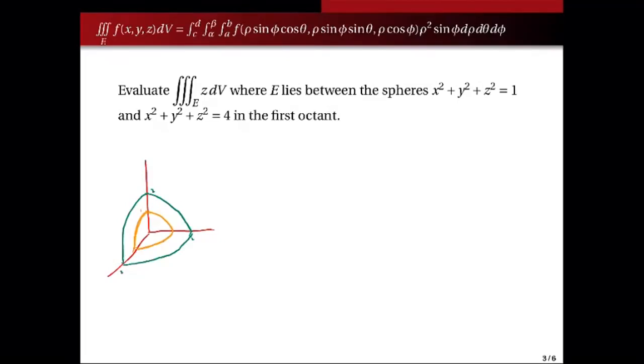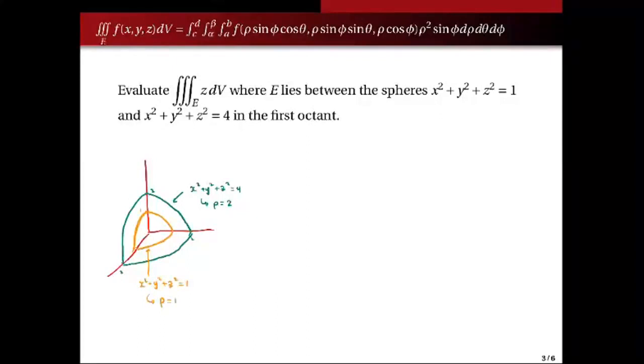So this guy here, this is x squared plus y squared plus z squared equals 4, or simply, this is equivalent to rho equals 2. And then for this guy here, we have x squared plus y squared plus z squared equals 1, or simply, this is equivalent to rho equals 1.